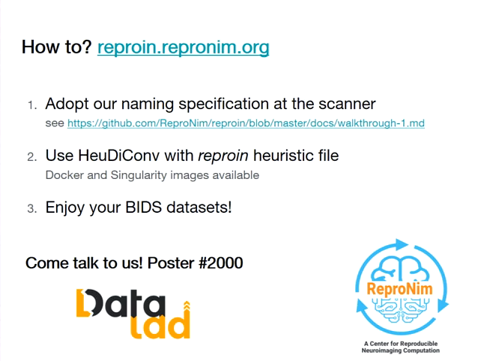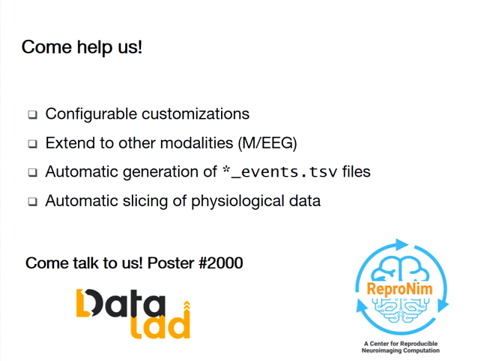But we also need your help. Because this started as a collaborative project, we want you to collaborate with us. And we have a lot of things on our to-do list, among others. We would like to create some customizations so that it doesn't need to be as specific with regards to the naming conventions that you need to use in the scanner.